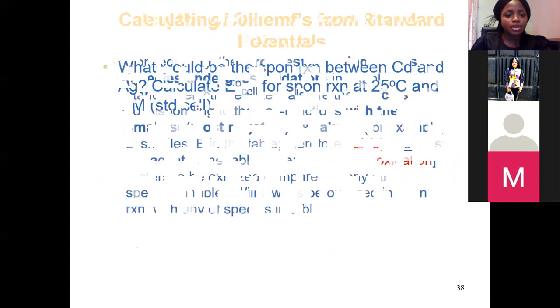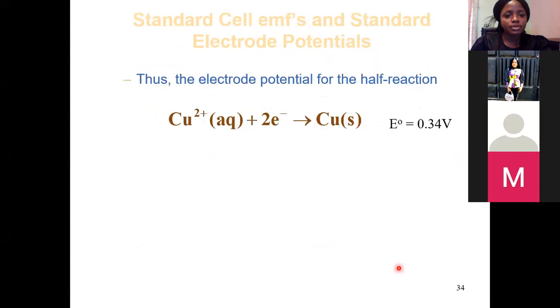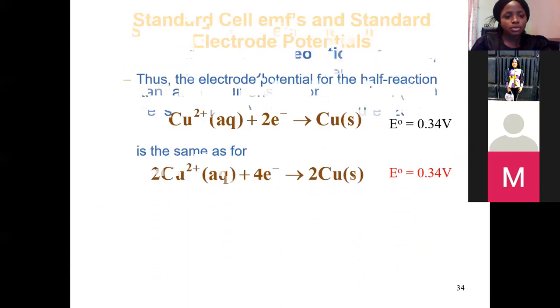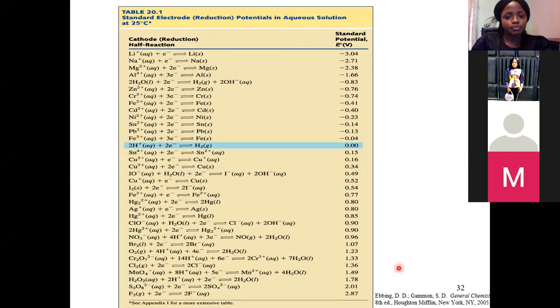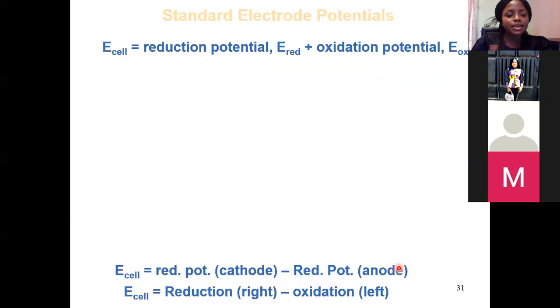You can either say your E naught is your standard reduction potential of the reaction at the cathode, minus the reduction potential at the anode.